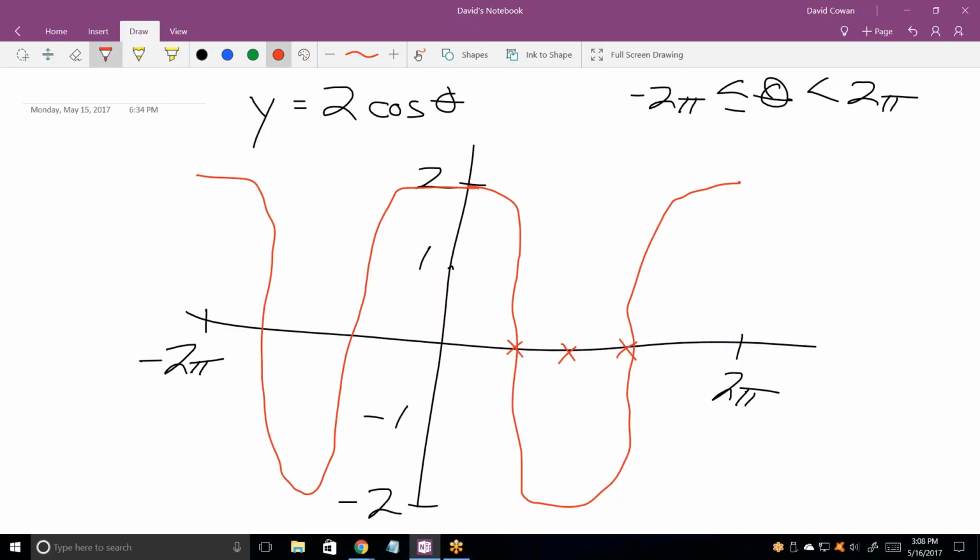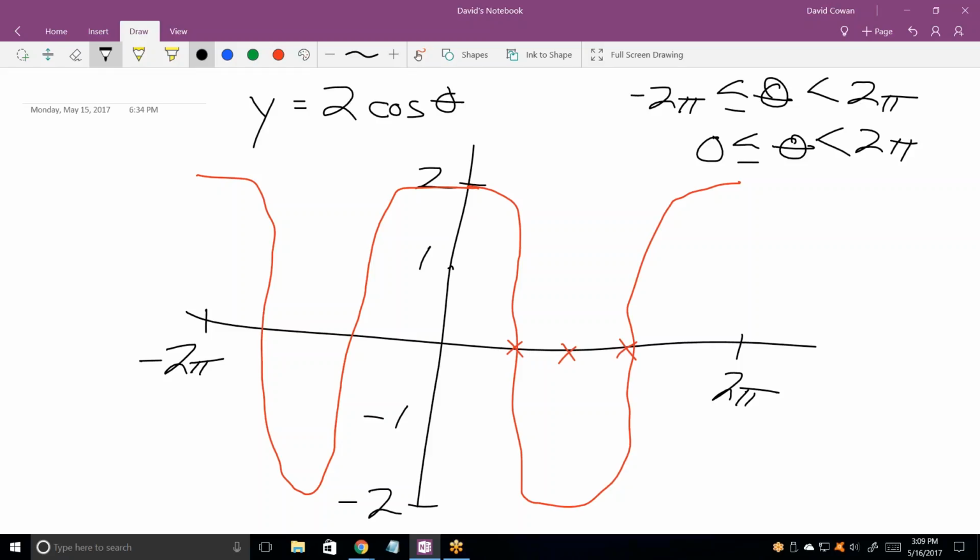I'm a little curious. Is this the way they stated the domain, greater than or equal to minus 2 pi, less than 2 pi? No, they stated it as graph the function using radians from negative 2 pi to 2 pi, so in a sense it's the same thing. The only thing I was curious about is the greater than or equal sign, because normally when they're going from 0 to 2 pi, theta is greater than or equal to 0, but less than 2 pi.